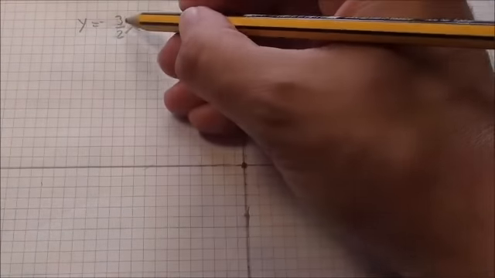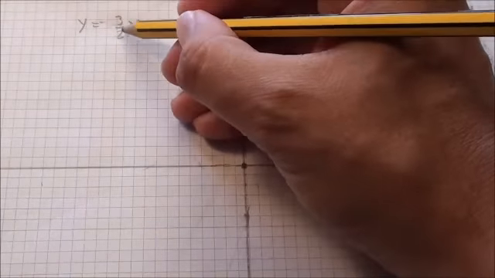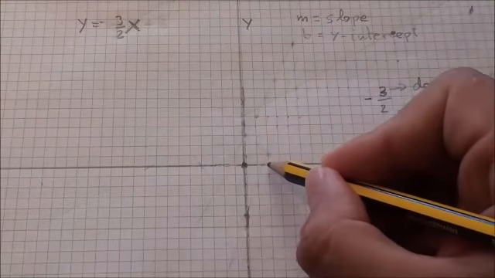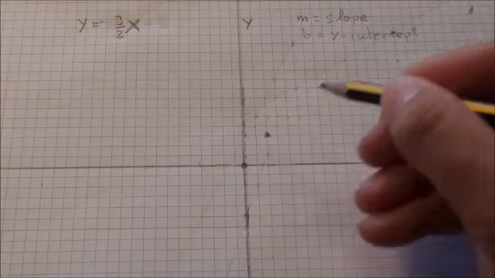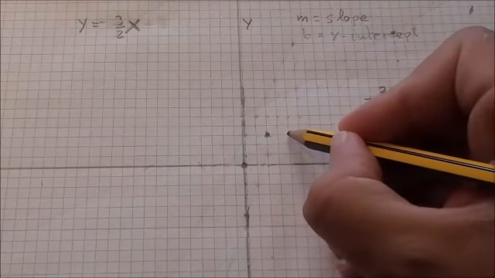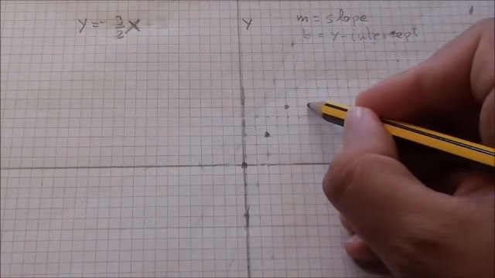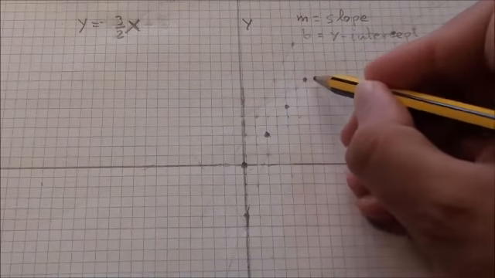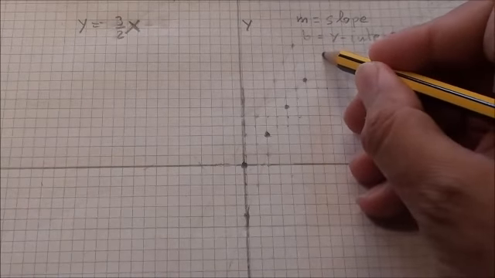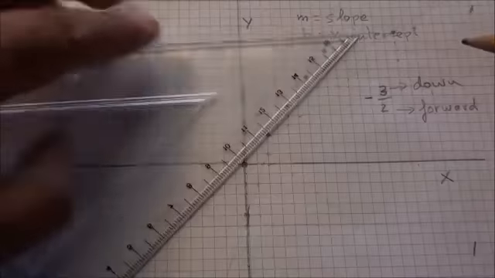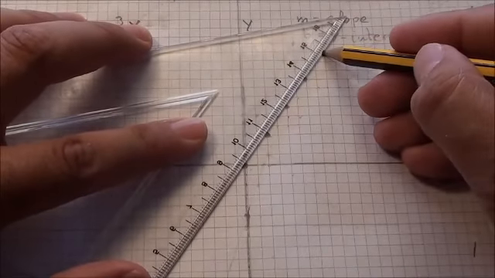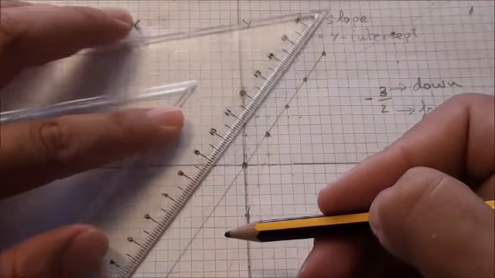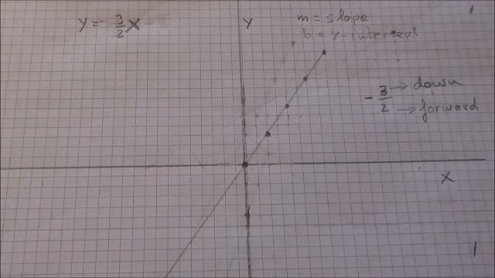So let's focus on the slope. 3/2 means 2 forward and 3 up. We made it positive, so it's up. 2 forward and 3 up. 2 forward and 3 up. And here is our function.